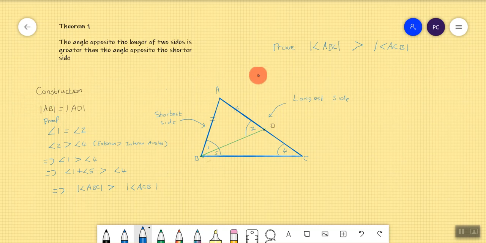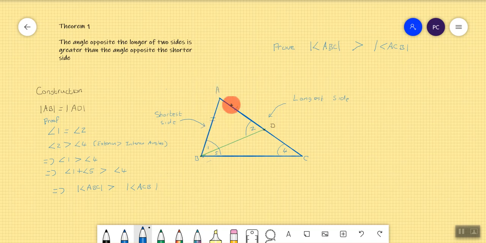So basically, our construction is that we take our triangle, we find a point on the longest side that creates a line that is the same length as the shortest side.